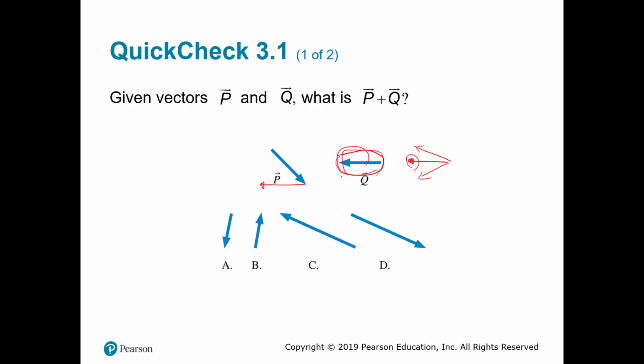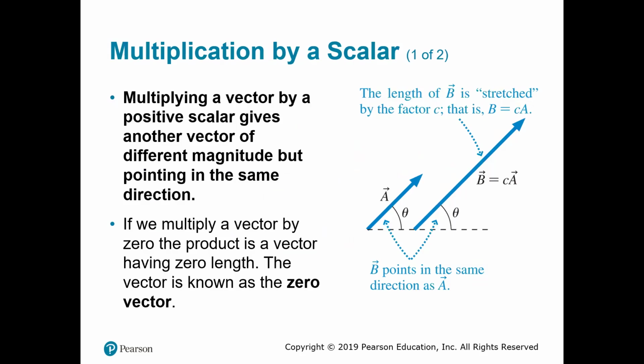Same length, same angle from the horizontal line. For this case, it's 180 degrees from the positive x-axis. So this q also has the same length, and the angle from the positive x-axis is 180 degrees. So you can move your q vector. So now the answer is a.